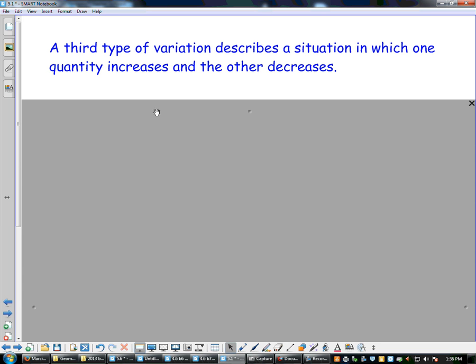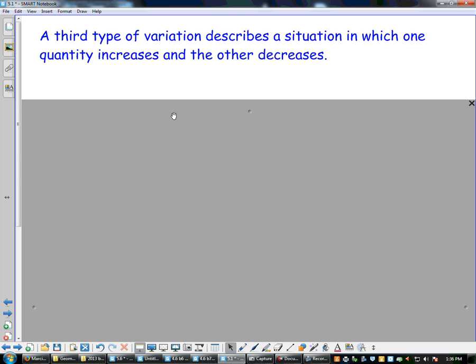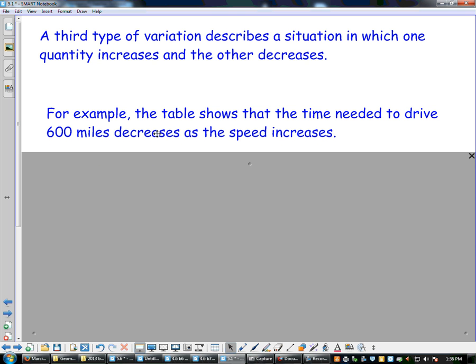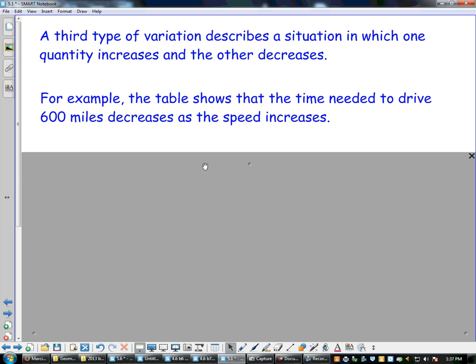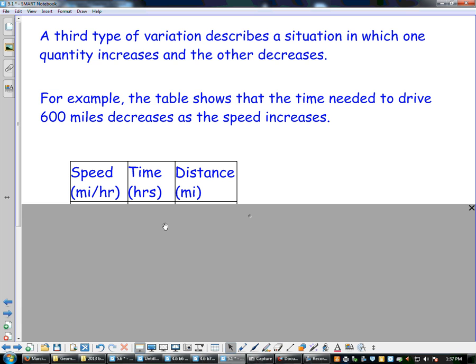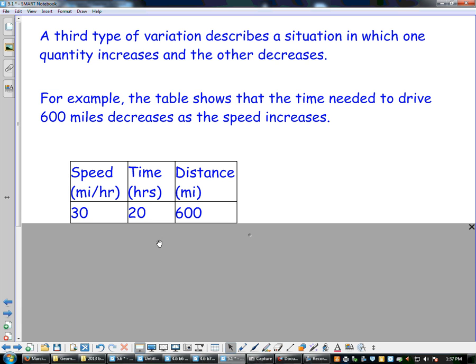All right, a third type of variation describes a situation in which one quantity increases and the other decreases. For example, this table shows that the time needed to drive 600 miles decreases as the speed increases. So let's compare the speed, the time, and the distance. Let's say we were only traveling 30 miles per hour.